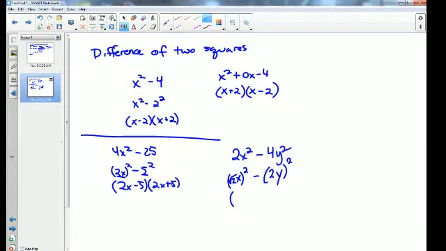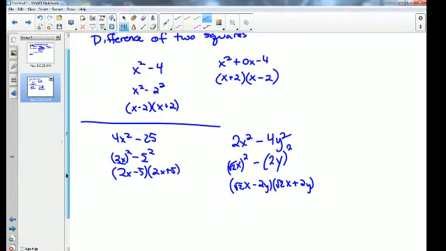Factor it: root 2x minus 2y and root 2x plus 2y. Okay. So difference of two squares. That's it. You're factored.